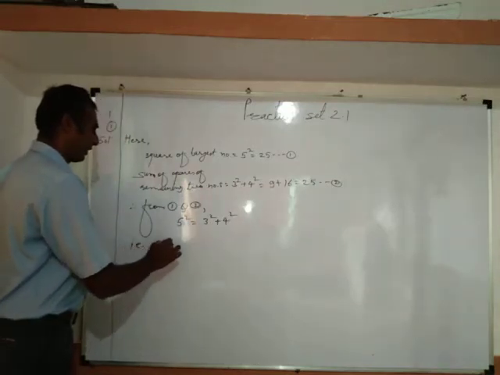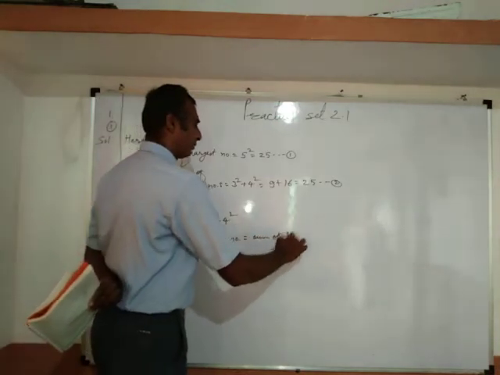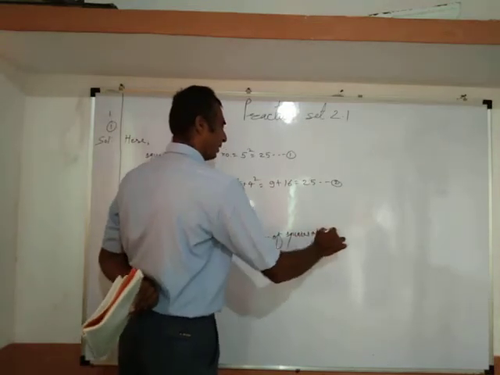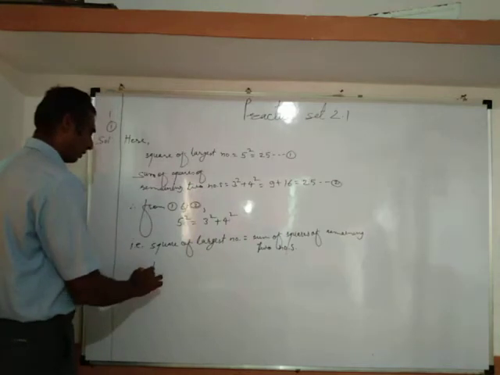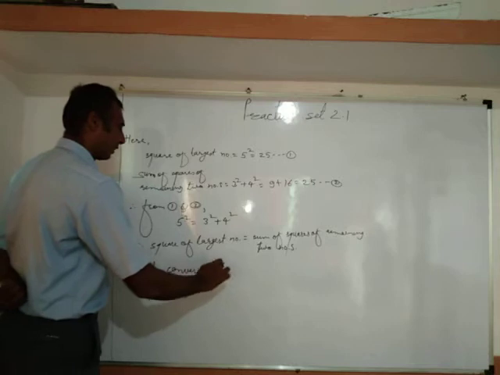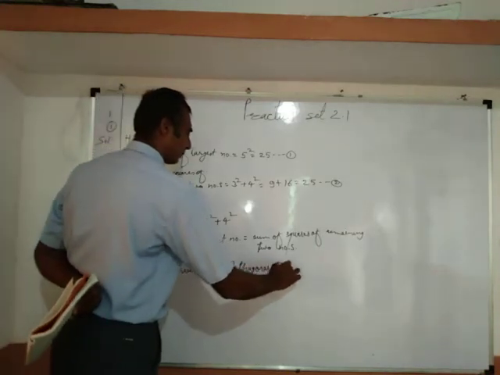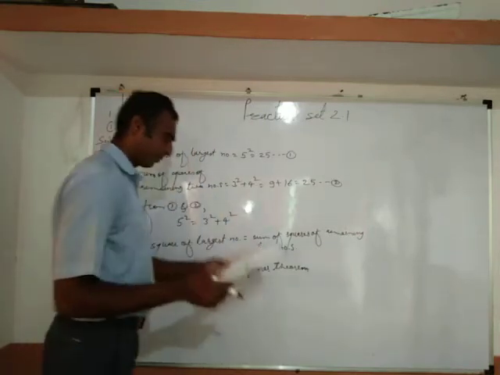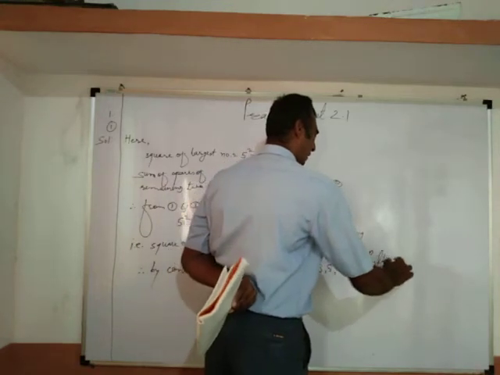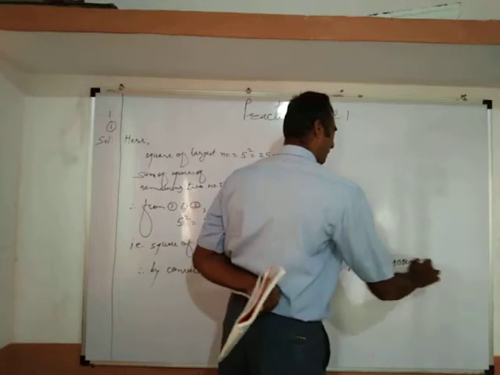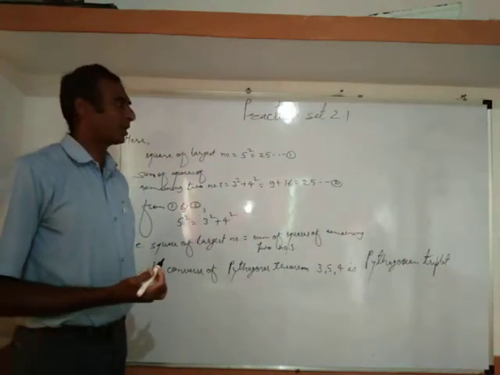That is, the square of the largest number equals the sum of the squares of the remaining two numbers, and therefore by converse of Pythagoras theorem, 3, 5, 4 is a Pythagorean triplet. Okay. Similarly, we can solve the rest of the sums.